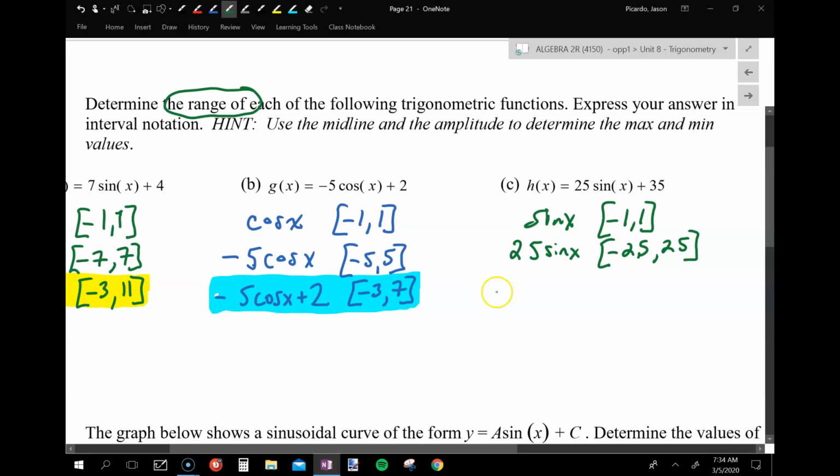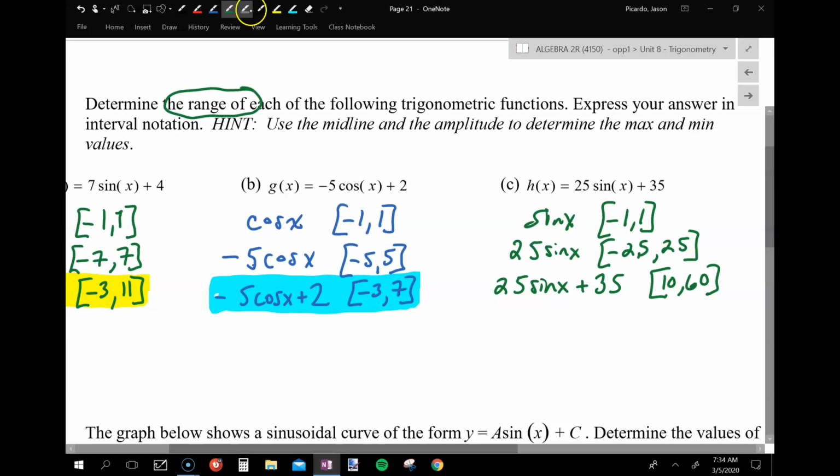And then the adding 35 means I do what? Add 35 to the -25, add 35 to the 25, and there you have it. Is that all right, guys? Cool.